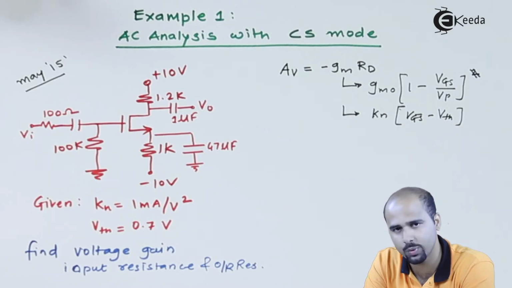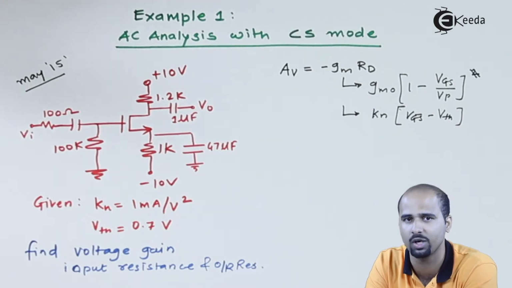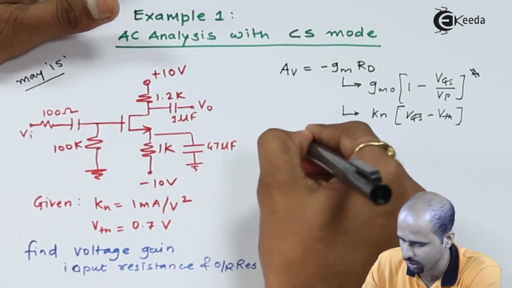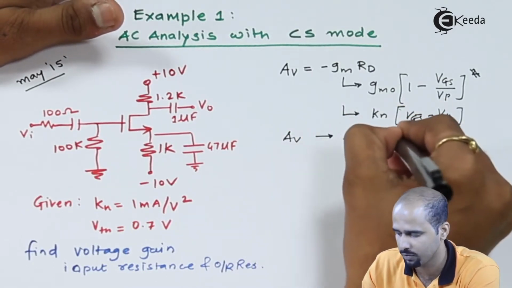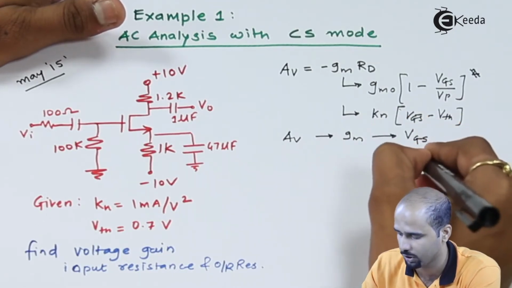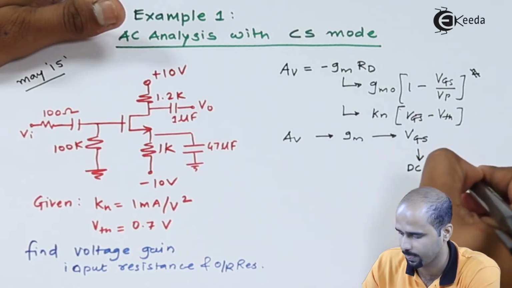So once we get the value of gm, only then can we calculate the value of Av. So for getting the value of gm, we have to move towards the DC analysis first, and only then we'll jump towards the AC analysis. So we can say that for Av we have to know the value of gm, for gm we have to know the value of VGS, and for VGS we have to go for DC analysis, right?